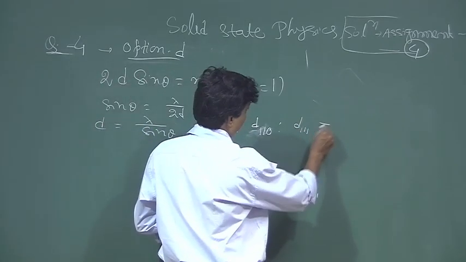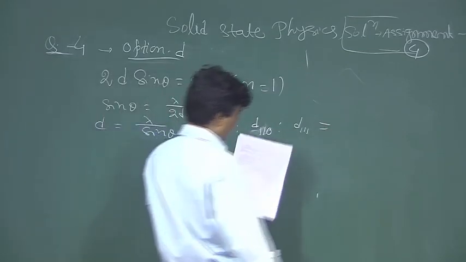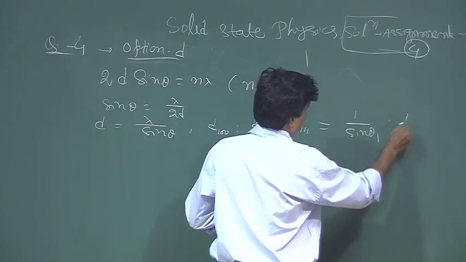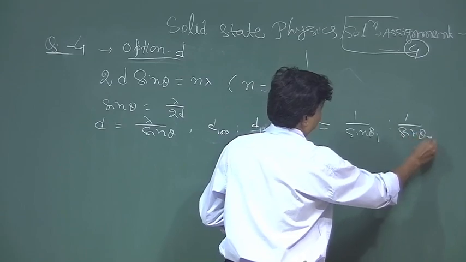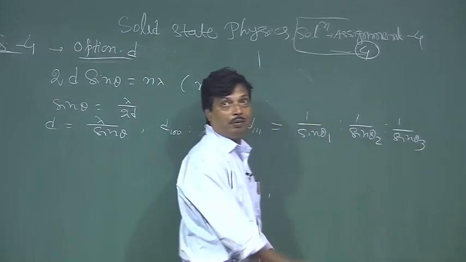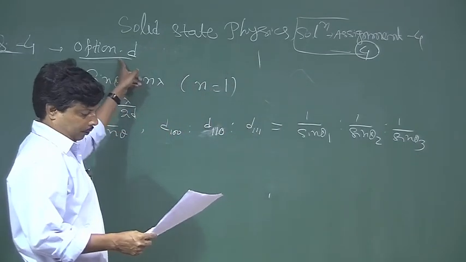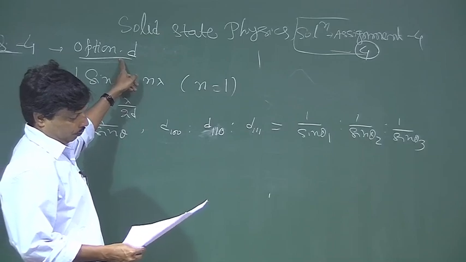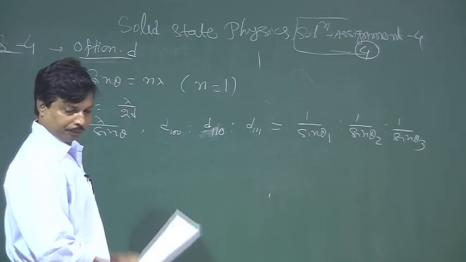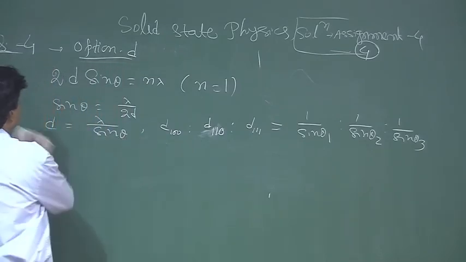The ratio will be simply, lambda is same for all these planes, so it will be 1 by sin theta 1 is to 1 by sin theta 2 is to 1 by sin theta 3. This will be the ratio. So, option D will be the correct one for question number 4.